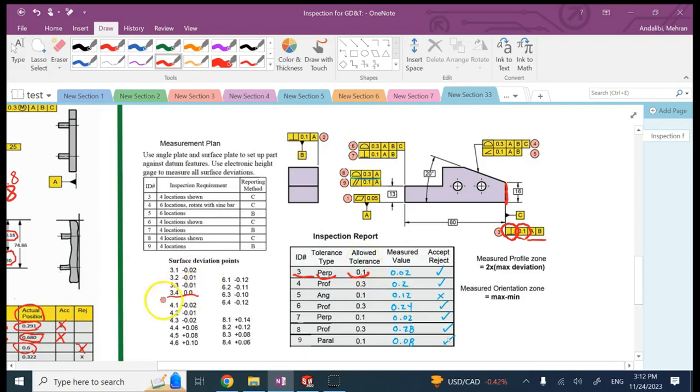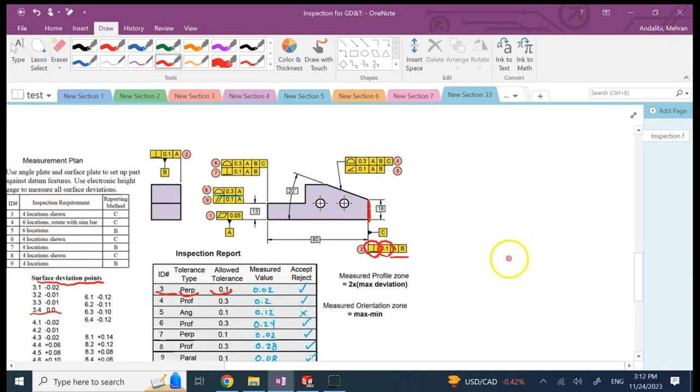0.1. But now with these 4 measurements that we have, can we really call it to be perpendicular to A and B or not? Well, these numbers are deviations from the surface. So basically, this surface, when it's made, if this is, let's say, A here, and this back wall that you don't see is B, this surface is not completely perpendicular to C. It's made a little bit at an angle.